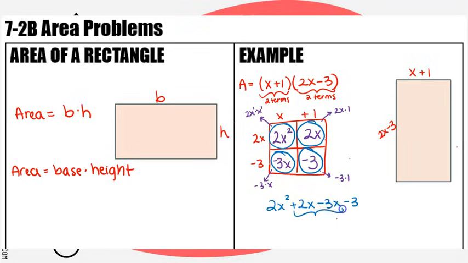I can combine these like terms. I am going to have minus 1 x's. Now, obviously, this is not telling me the area is 15 or the area is 25, but it gives me an expression that I can use to represent the area. And we will be using this in future units to make it a little more complicated.